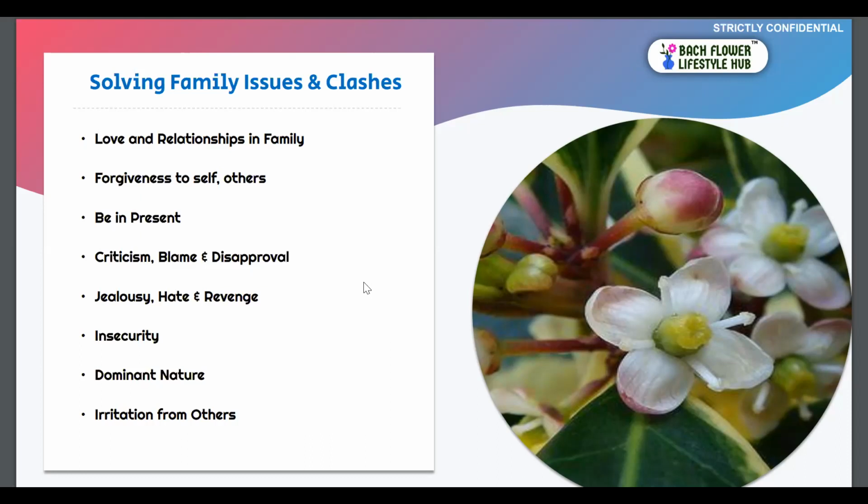If it is there at that moment, we can leave it and we can detach and move forward in a positive direction, so that we can achieve what we wanted to achieve, not stick to these negative emotions. So we can definitely take the benefit of Bach flower remedies to achieve these particular goals very easily.